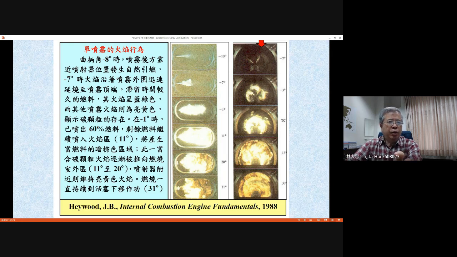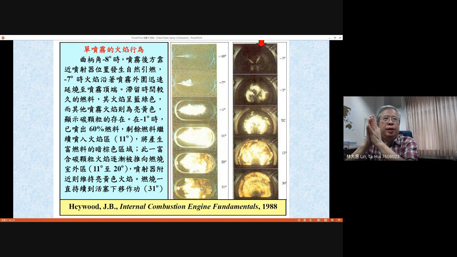Later on, this dark region will extend from the right-hand side and expand to the left-hand side, and all the combustion chamber contains the high temperature products. Now the pressure is increased, and it will push your piston downward. Actually, the spray combustion process occurs accompanied with the movement of your piston. This is the so-called single jet diesel combustion.